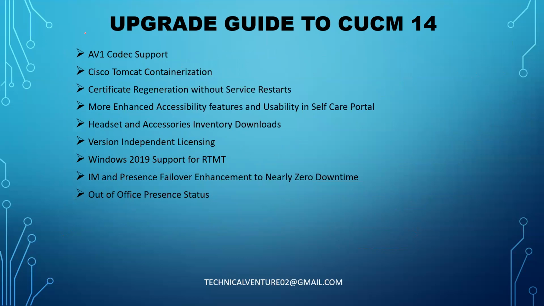These are a few more benefits: EV1 codec support, Tomcat containerization, and certificate regeneration without service restart. Previously we needed to restart the services, but now certificates will regenerate without service restarts. More enhanced features: headset accessory, version independent licensing, Windows 2019. So these are just a few more features, right? IM and presence failover enhancement to nearly zero downtime, and out of office presence status as well, right?